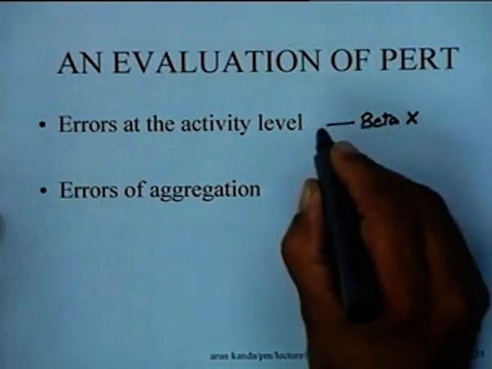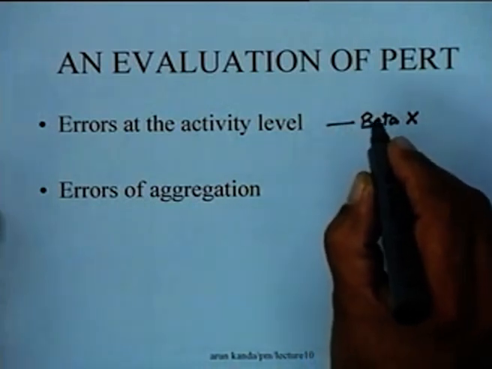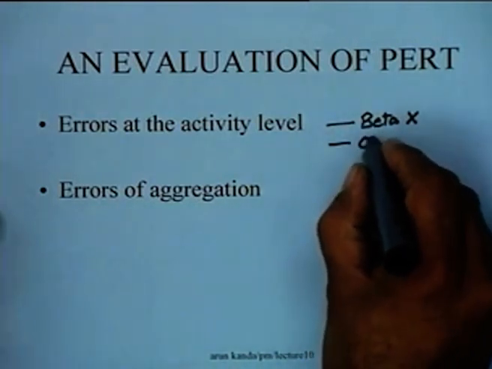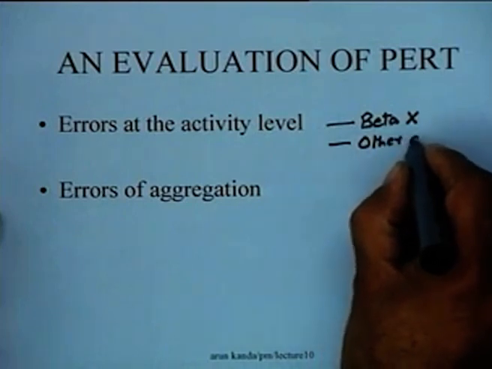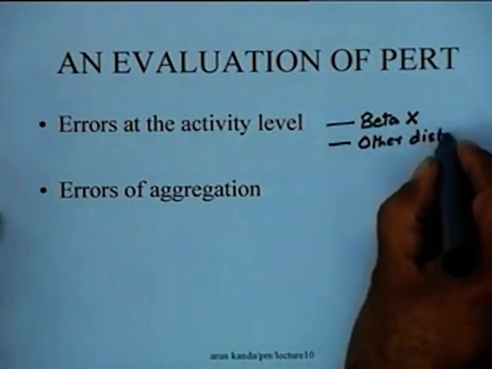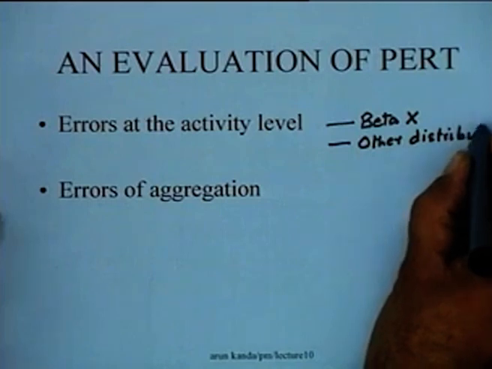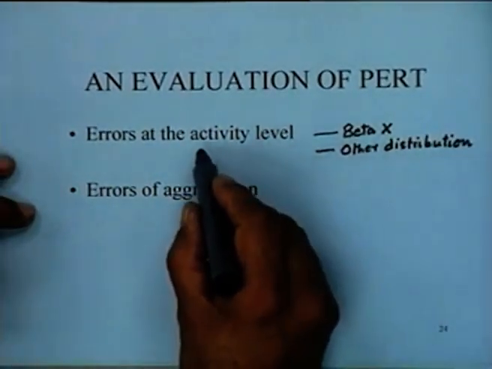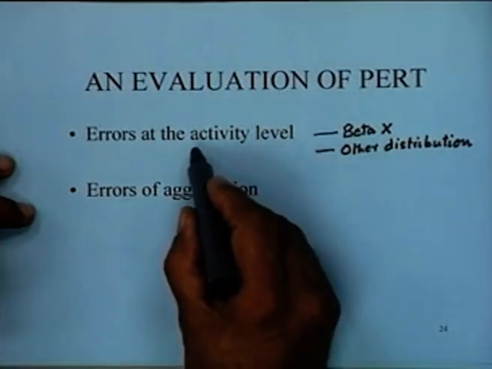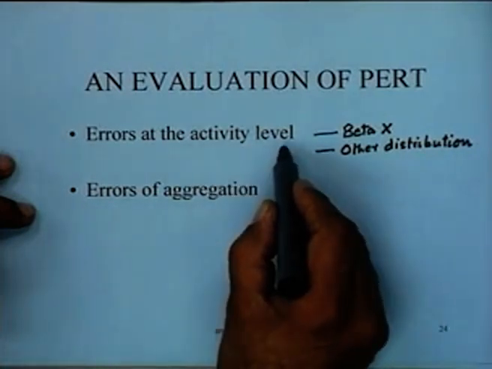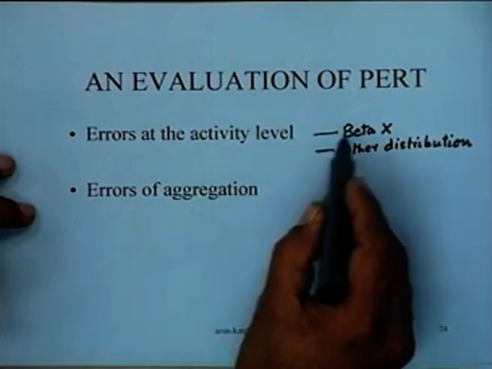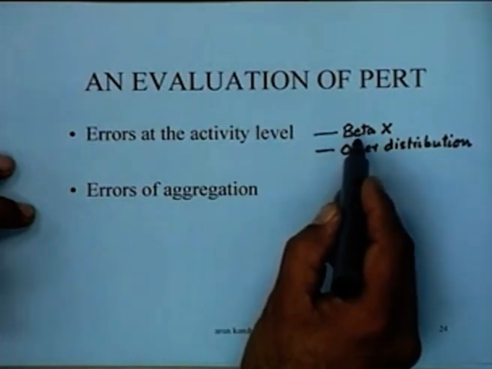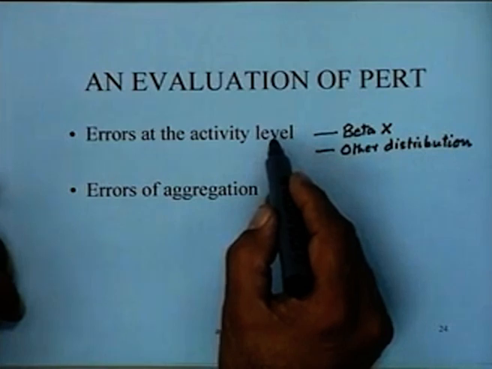This might not be valid, right? It might be following some other distribution, which we have probably not even identified. So as a consequence of the distribution of the activity times, you could have certain errors, and by virtue of the fact that you assume them to be beta, there could be some errors here.